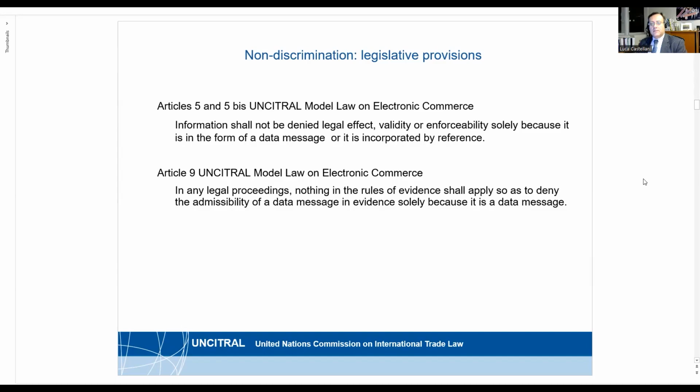Similarly, Article 9 of the UNCITRAL Model Law on Electronic Commerce has a rule on legal recognition of data messages with respect to evidence, so that they should not be denied admissibility just because of their electronic form. Again, they could be denied because of other reasons, because the origin is unclear.